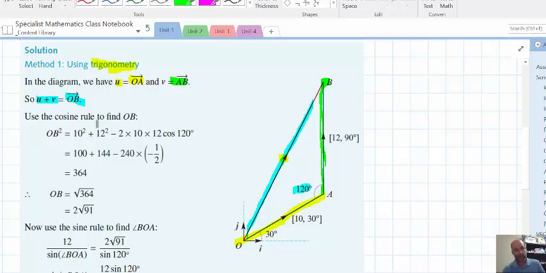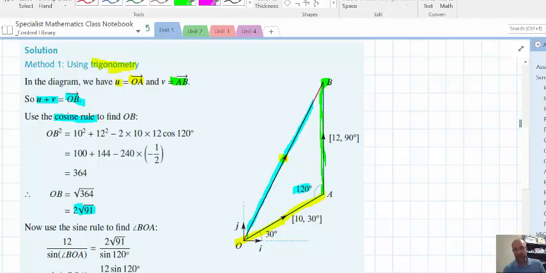Alright, it's a non-right angled triangle, so we can't just use our regular trig ratios. If you've covered the cosine rule in Year 10, you can use that, and you've got your values there. We're trying to find OB, and that comes out as square root of 364 or 2 root 91, or perhaps a decimal approximation if that's okay for what you're doing.